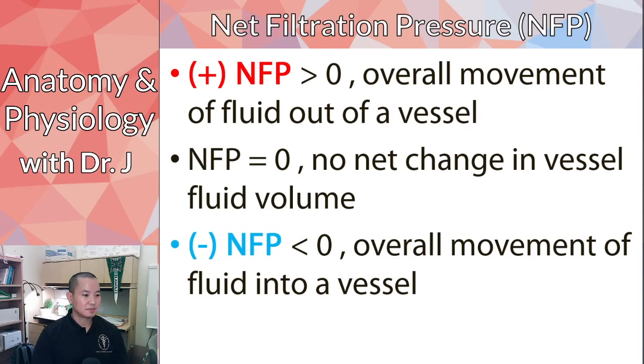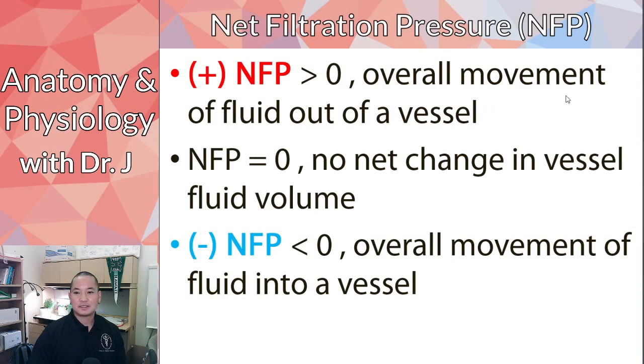Can these values be different depending on the individual? Yes, because we don't all have the same blood pressure. But for this class, I think it's good to start off with some sort of reference. Do I want you to memorize that it's 35 at the arterial side and 18 on the venous side? I don't think that's really useful in the long term, but you should know that CHP does drop off from arterial to venous side, and BCOP stays relatively the same regardless of the pressure.